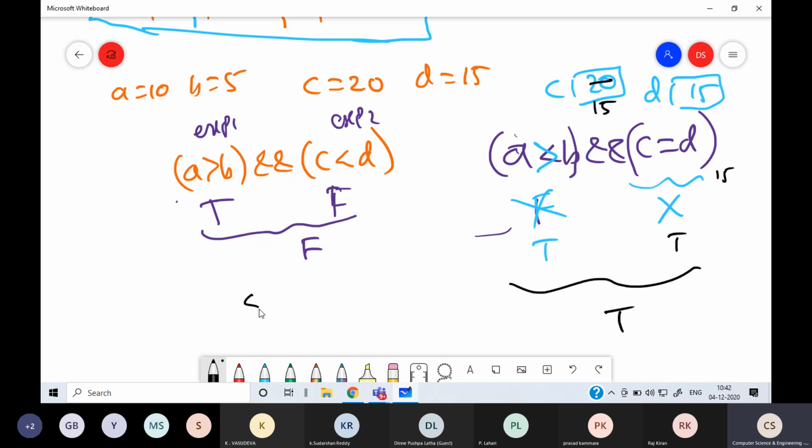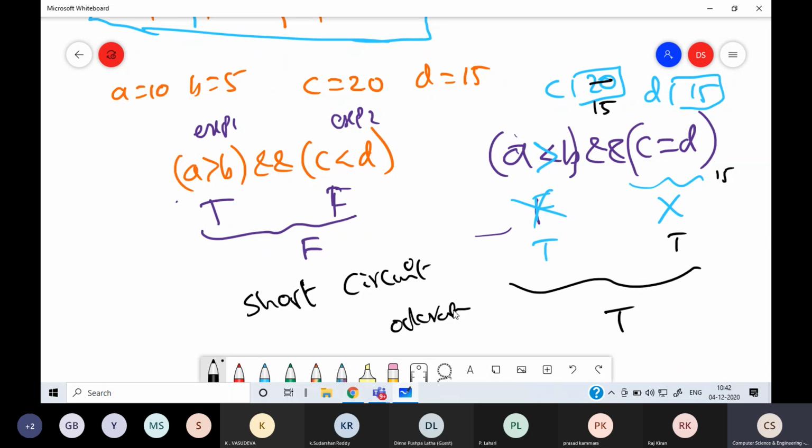This is actually called short circuit operation. When expression 1 is false, it will not bother about expression 2. It becomes short circuit. If you are from electrical or electronics, you may know about a short circuit. It will bypass the path and go in a short path.